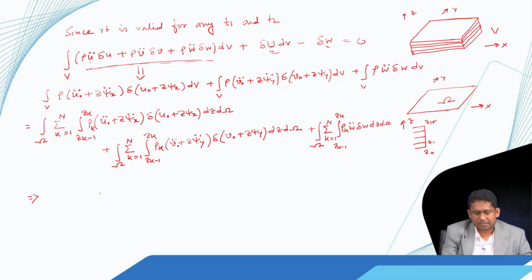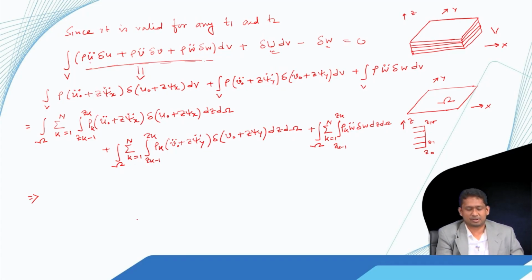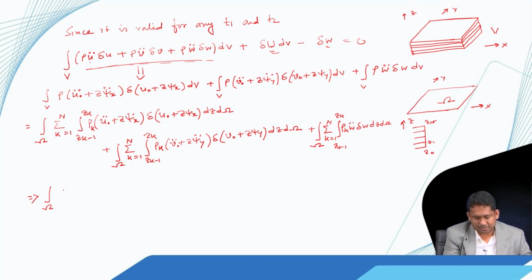Now, if we look here, rho k into u0 double dot into delta of u0: u0 double dot and delta of u0 are not functions of thickness, but rho can be a function of thickness. So, if I integrate this density over the thickness and sum it up, we get mass per unit area, and that we call I0, which we discussed while dealing with this same formulation using classical laminate theory also.